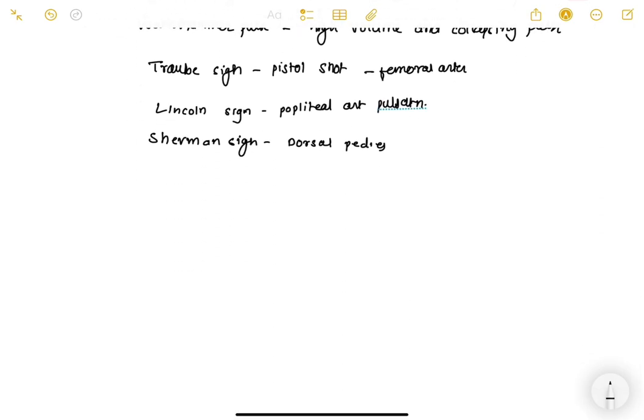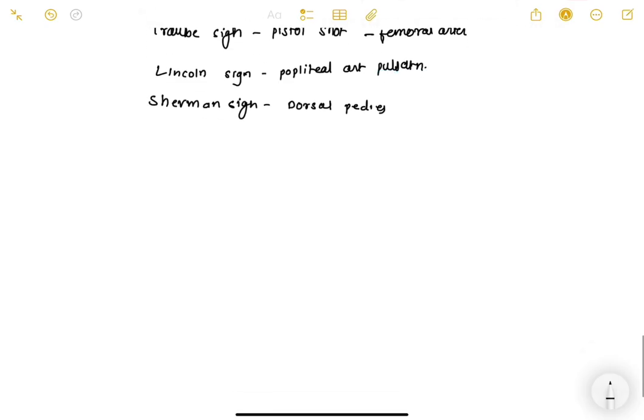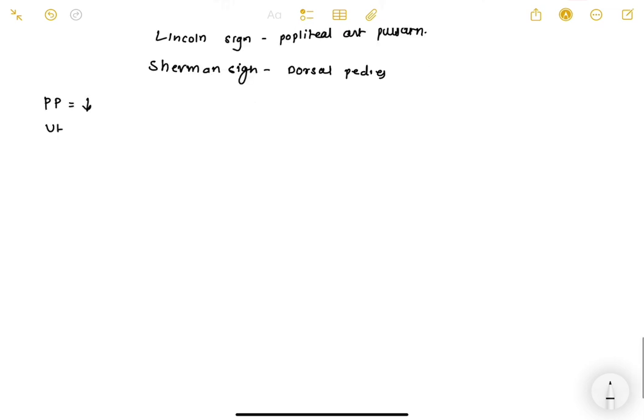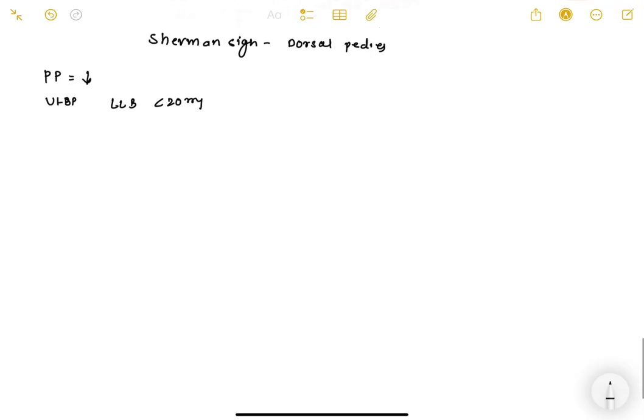Then there are some clinical signs that we must understand and we should remember. As we discussed earlier, there is a decrease in pulse pressure. Upper limb BP and lower limb BP differ by less than 20 mmHg normally.